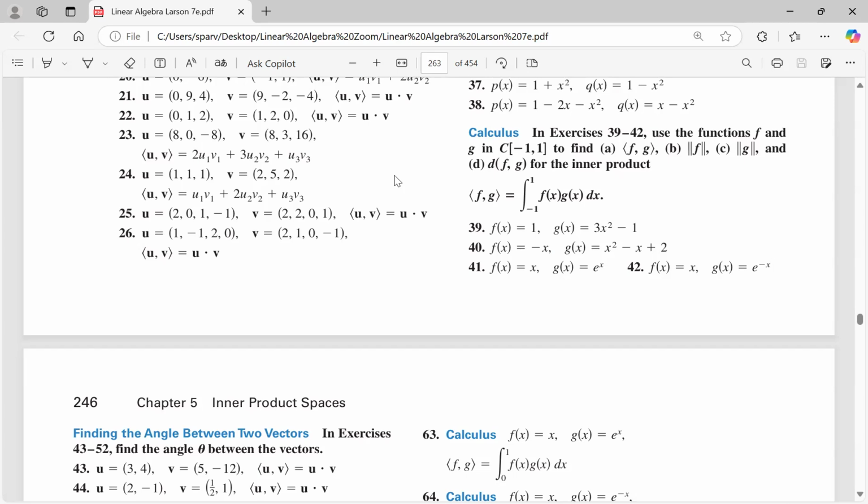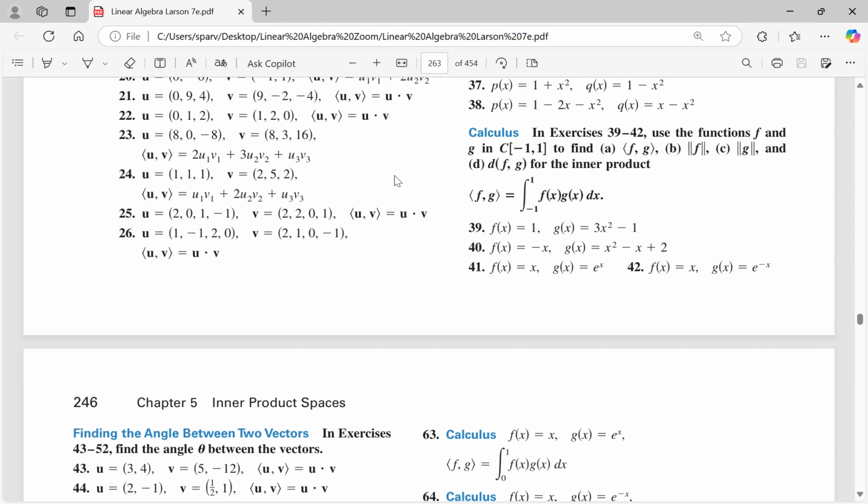Now, in part A, the question says find the inner product, if the angle bracket means inner product. So we want to find the inner product of f and g. In part B, we want to find the magnitude of function f. And remember, again, what do we mean by magnitude of a function? This is kind of abstract.